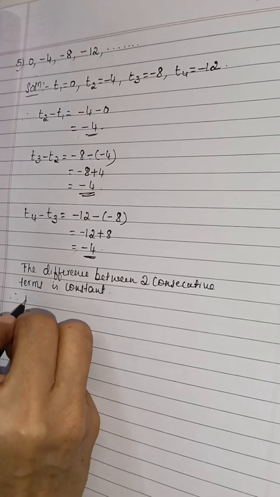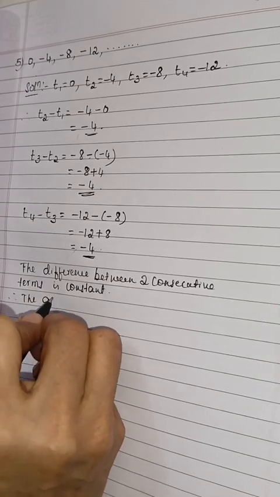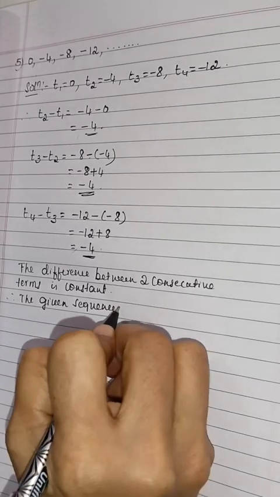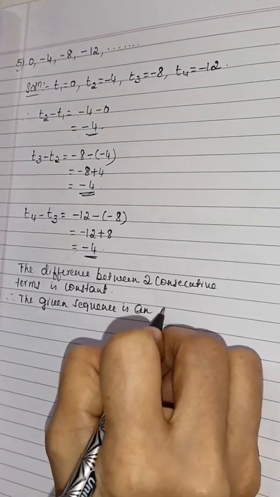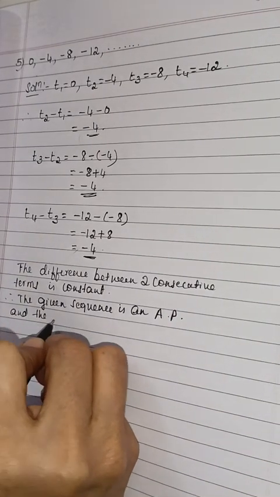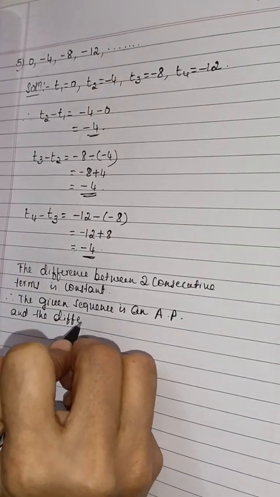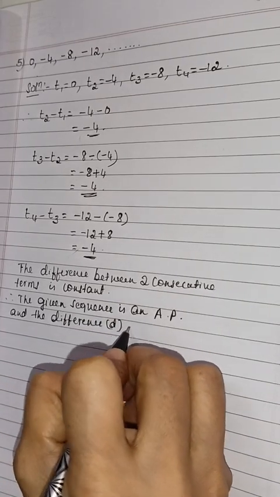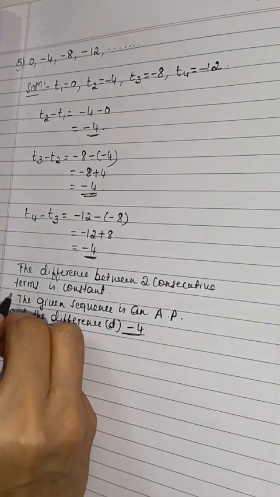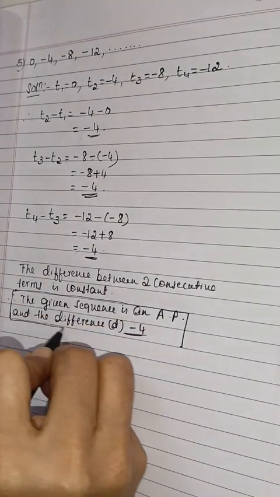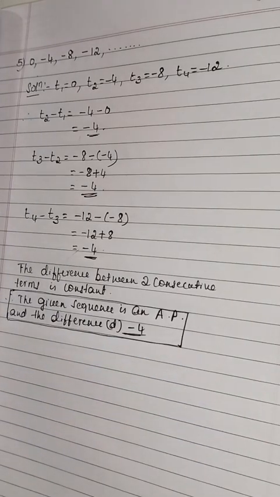Therefore, the given sequence is an arithmetic progression, and the difference D is minus 4. Okay. These are 1 mark questions.